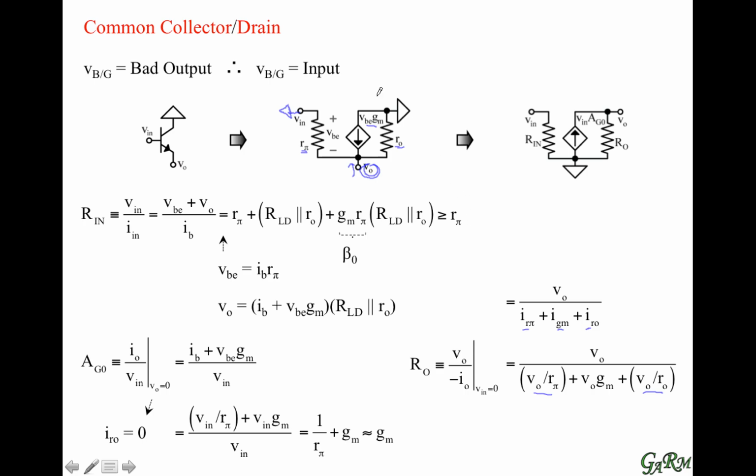The last one, if we look at the base emitter voltage under these conditions, which is basically the voltage across R pi, that base emitter voltage is also the output voltage, but in reverse. So what we have here is minus V out. But we can remove the minus and basically reverse the current in the opposite direction.